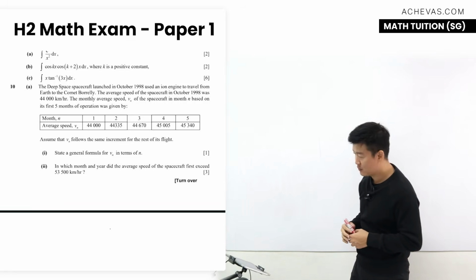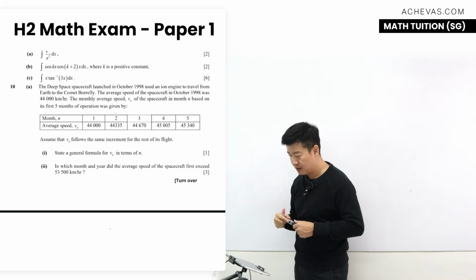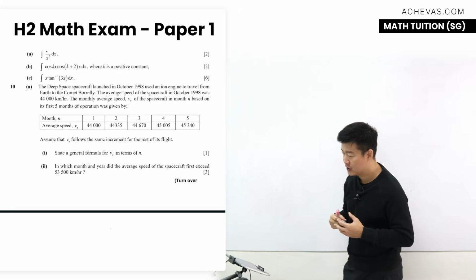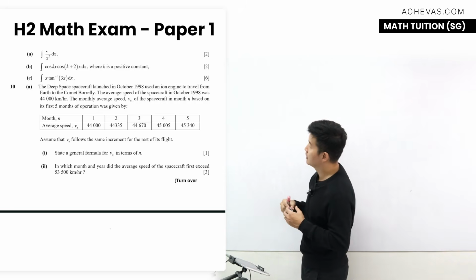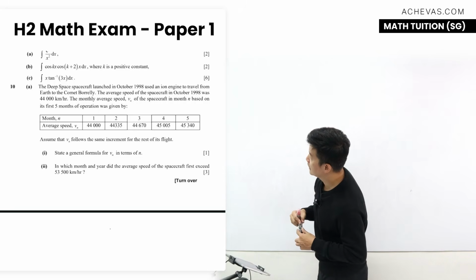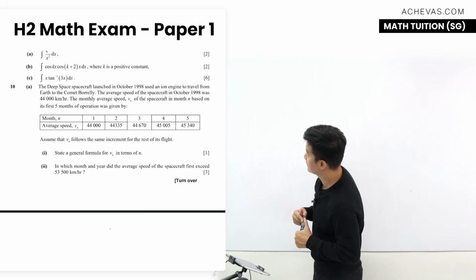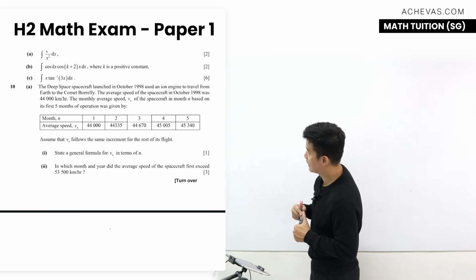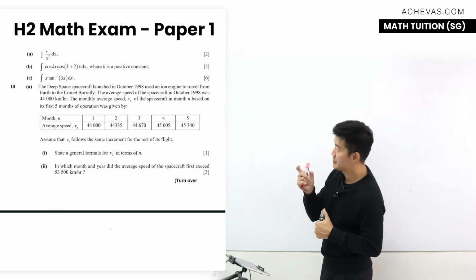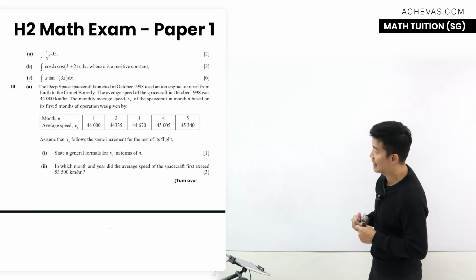So we have this spacecraft that is launched in October 1998. The average speed of the spacecraft in October 1998 was 44000. This average speed for that month and all the subsequent months is represented by the notation Vn.